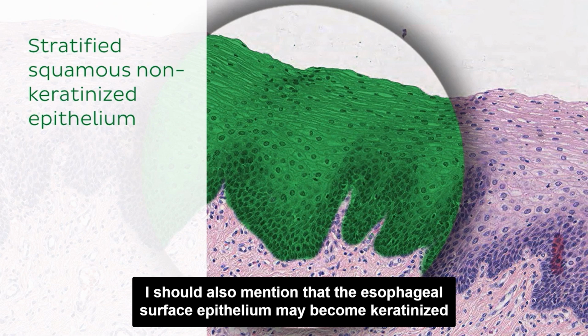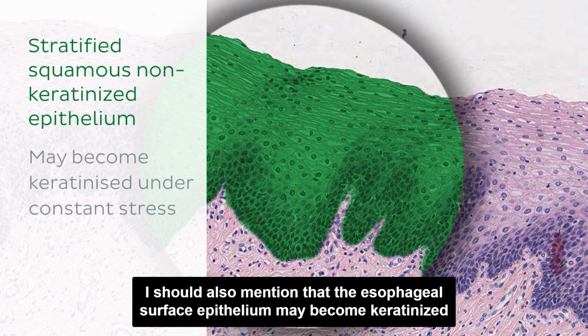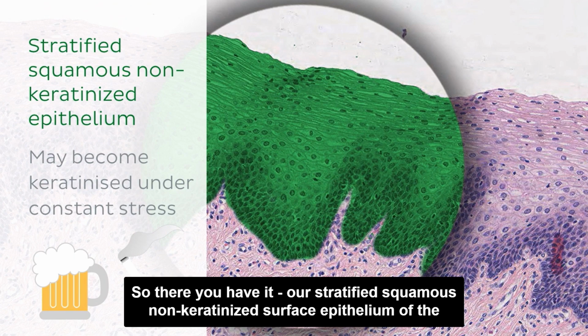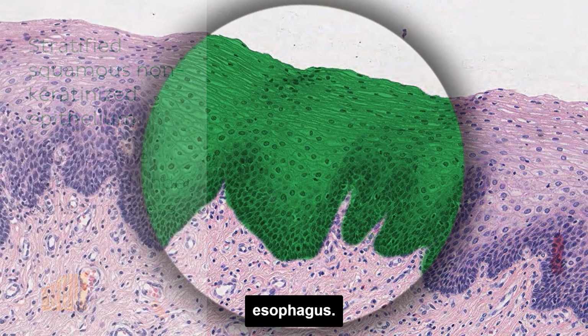I should also mention that the esophageal surface epithelium may become keratinized when under consistent environmental stress, such as smoking or chronic consumption of alcohol. So there you have it, our stratified, squamous, non-keratinized surface epithelium of the esophagus.